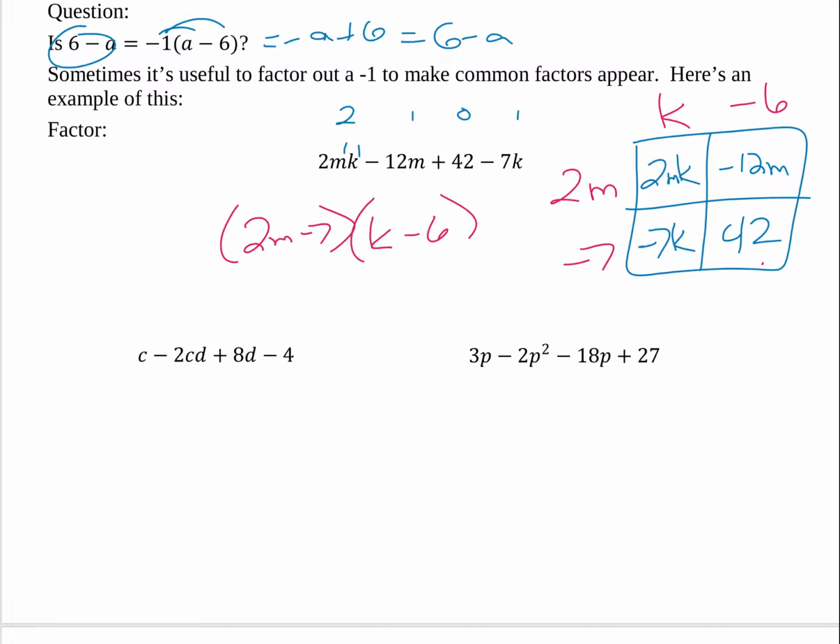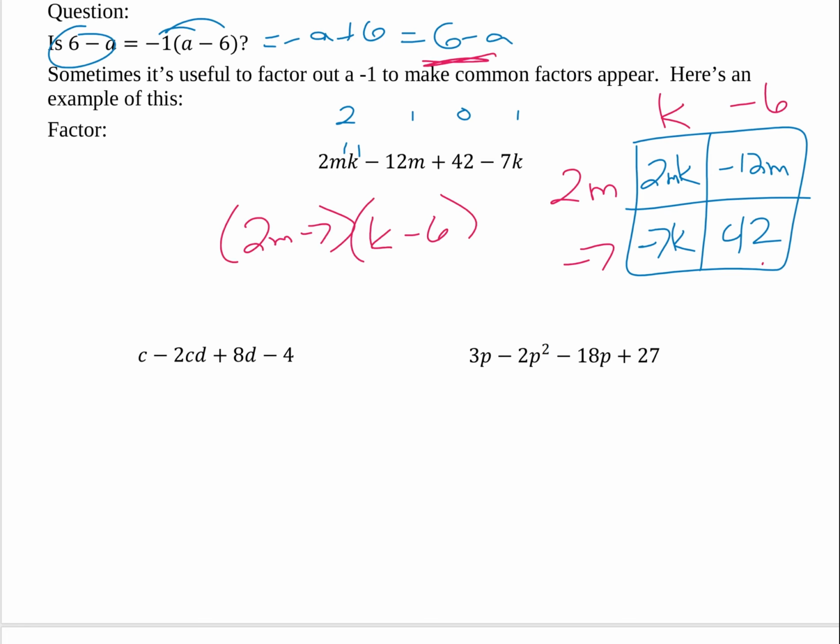We have c minus 2cd plus 8d minus 4. What do we do? GCF. Is there a GCF here other than 1? No. What's the highest degree term? Negative 2cd. Can we have the highest degree term be negative? No, we can't. So this is where we're going to use this idea that we just talked about right here and factor out a negative 1.